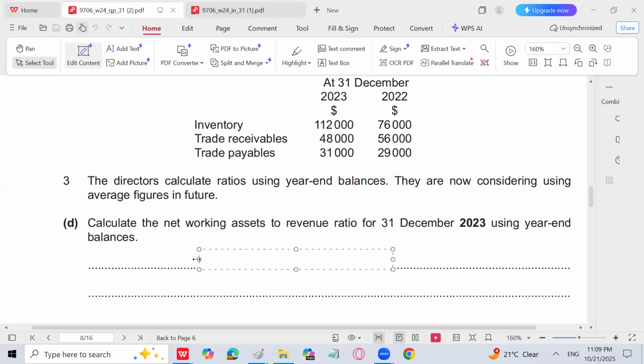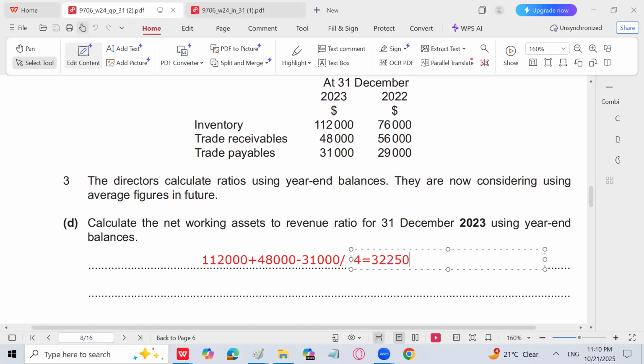Inventory at the end is 112,000 plus trade receivables 48,000 minus trade payables 31,000, divided by sales. The sales figure is given, that is 322,500, and multiplied by 100. That is going to be your net working asset to revenue ratio.